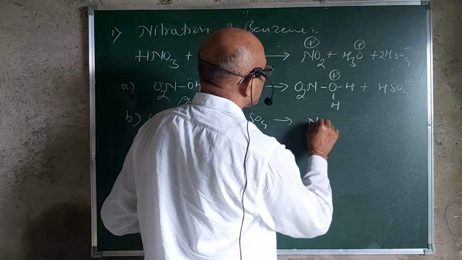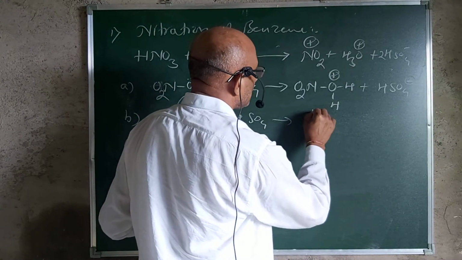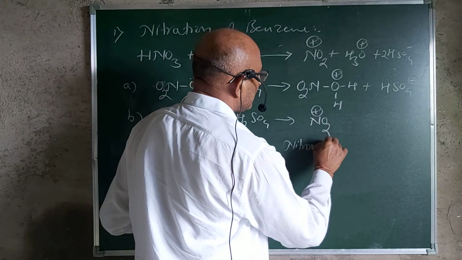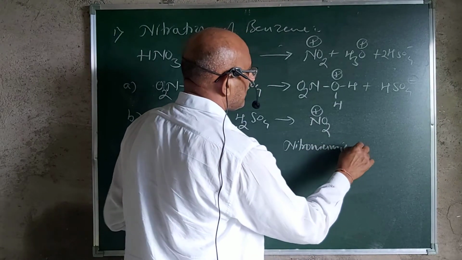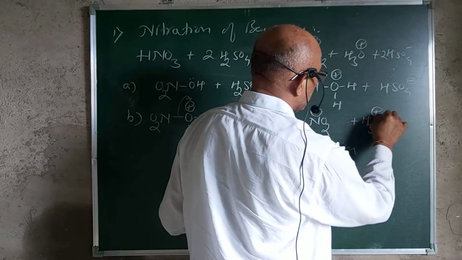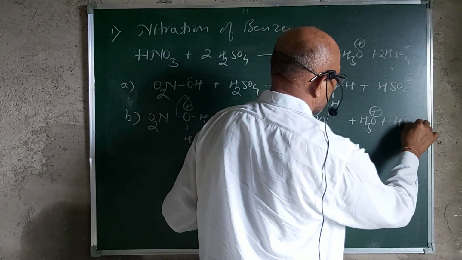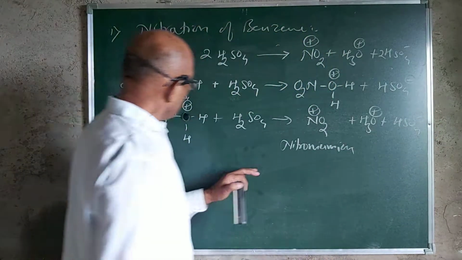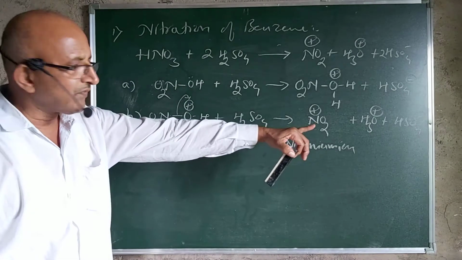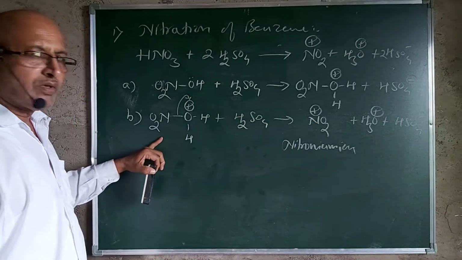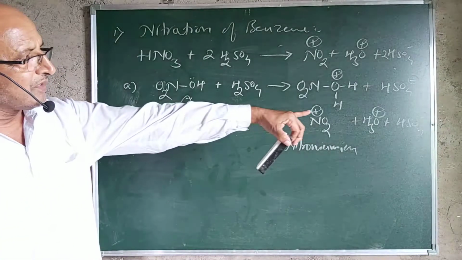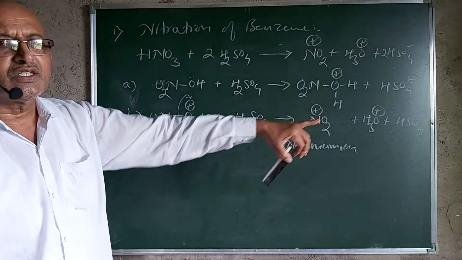So you get NO2+, the nitronium ion, plus H3O+, plus HSO4−, the conjugate base. Here the H3O+ has been set free, the nitronium ion NO2+ has been formed, and the second molecule of the conjugate base, HSO4−, has been formed.